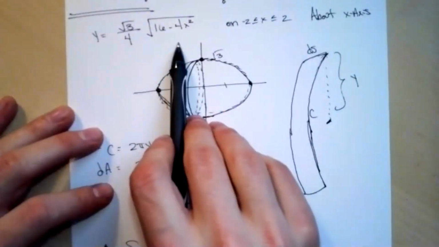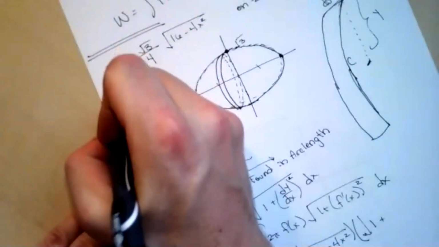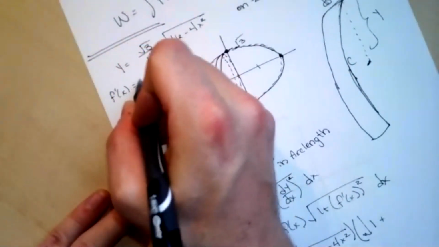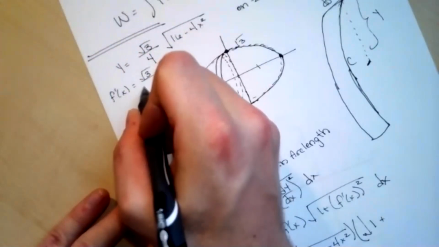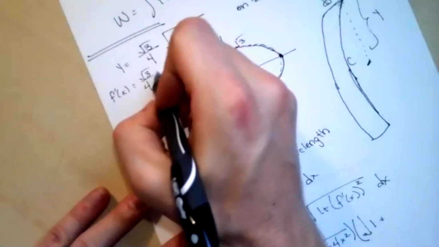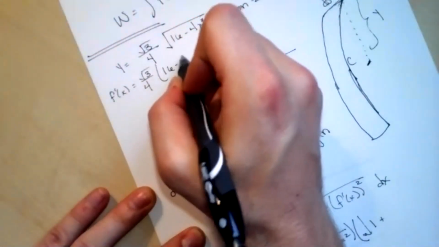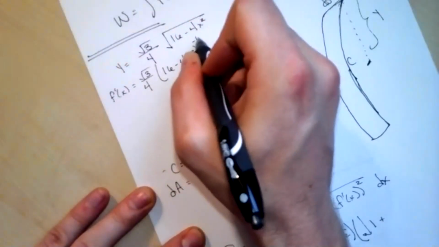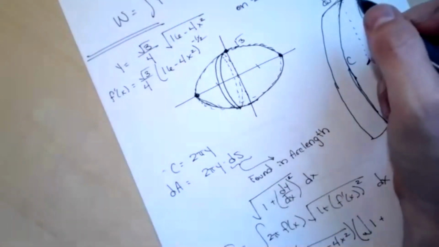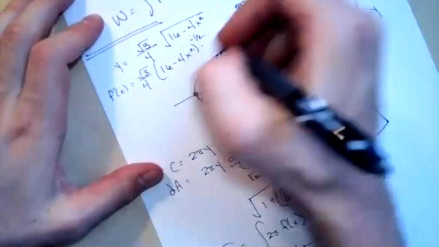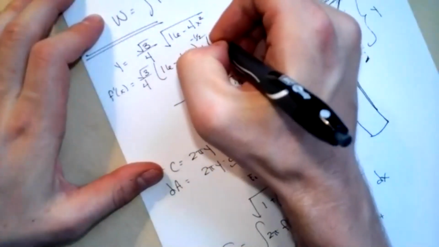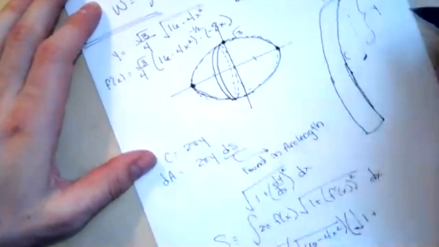This is our f of x, times negative 8x. So kind of a messy derivative.